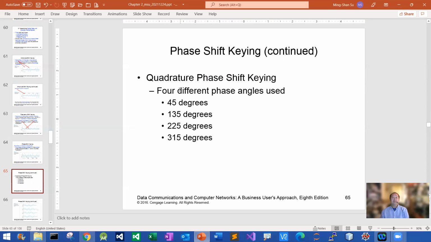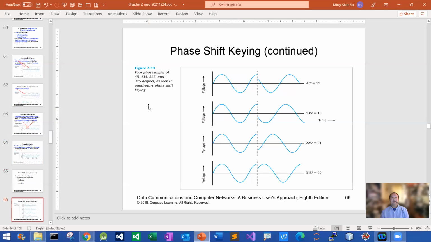We call this quadrature phase shift keying. Figure 2-19 shows 4 phase angles of 45, 135, 225, and 315 degrees, as seen in quadrature phase shift keying.